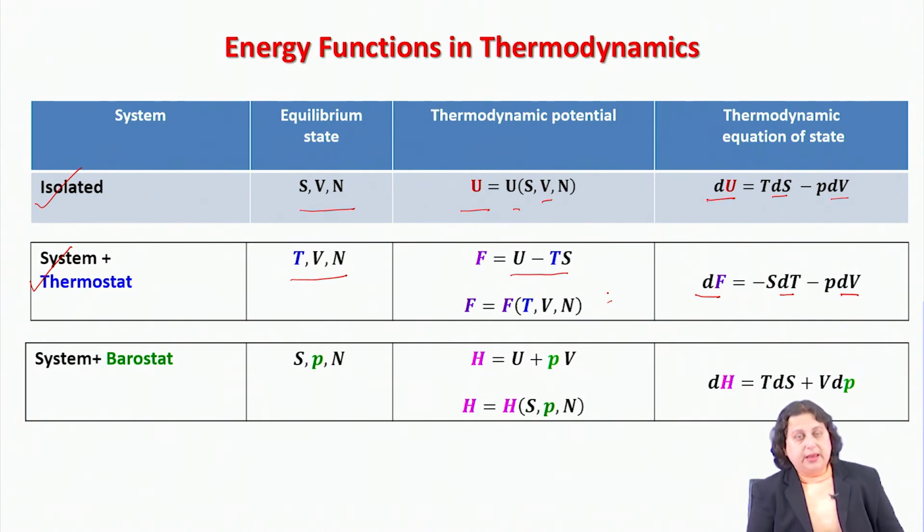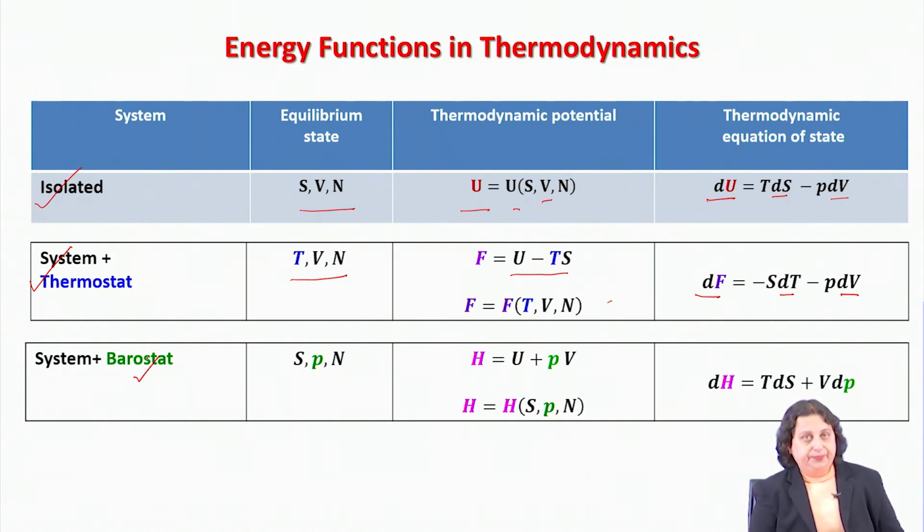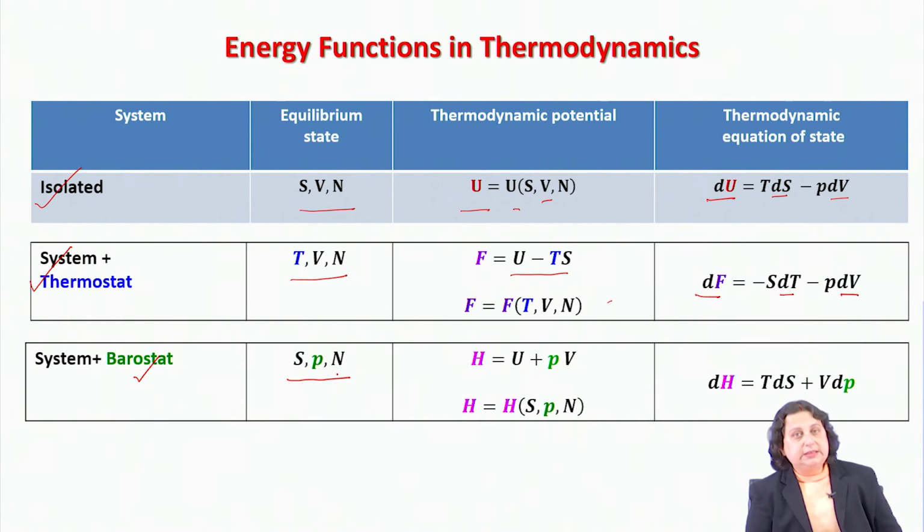Now, if you look at a system which is otherwise isolated but is connected to a barostat, then following the same logic, I would be able to define the equilibrium state of the system in terms of entropy, pressure, and the number of particles.